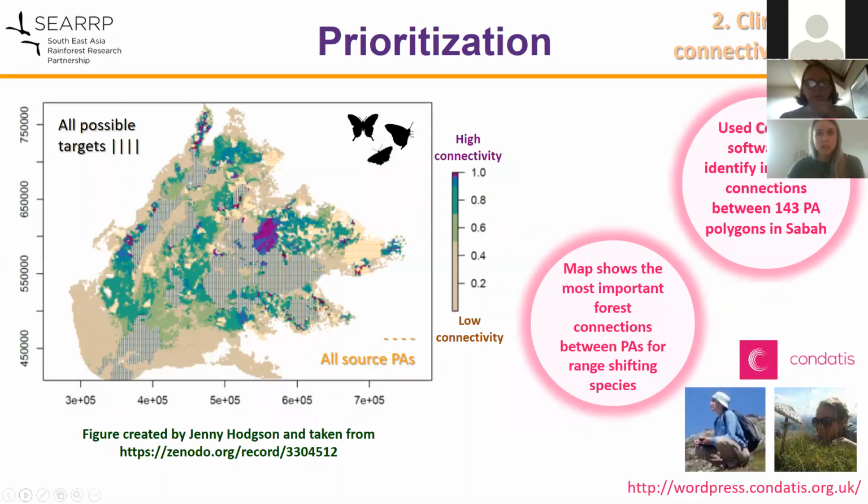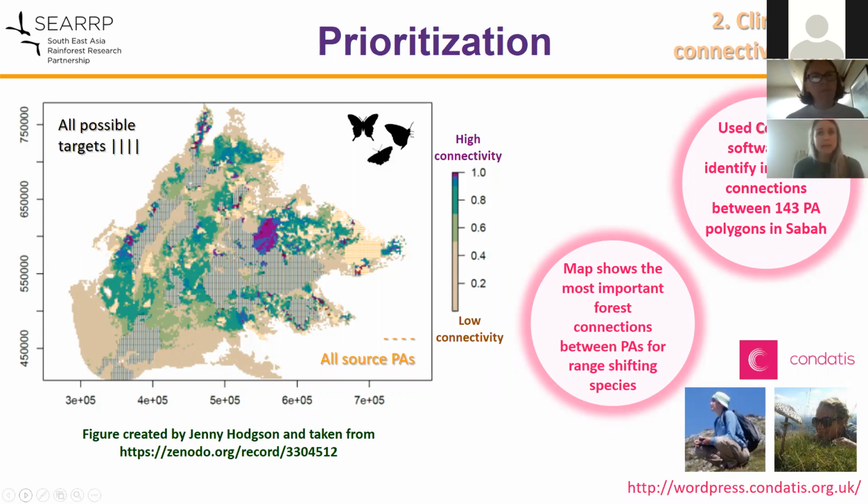So Jenny Hodgson and Lydia Cole, she was a technician at Liverpool, expanded on the work that I did as part of my PhD for the Rainforest Trust project. And we reran all of the Condatis models for Sabah, but with better protected area maps from the Sabah Forestry Department and also higher resolution forest cover data.